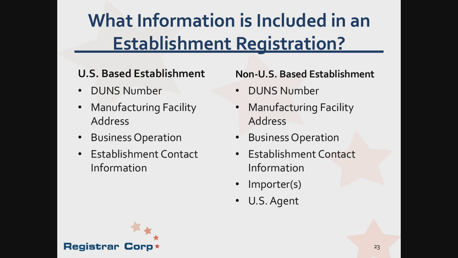The United States agent also assists FDA in scheduling inspections, and if FDA is unable to contact a foreign registrant directly or quickly, FDA may provide the information and documents to the United States agent. FDA providing information and documents to the United States agent is equivalent to providing the same information and documents to the foreign registrant.